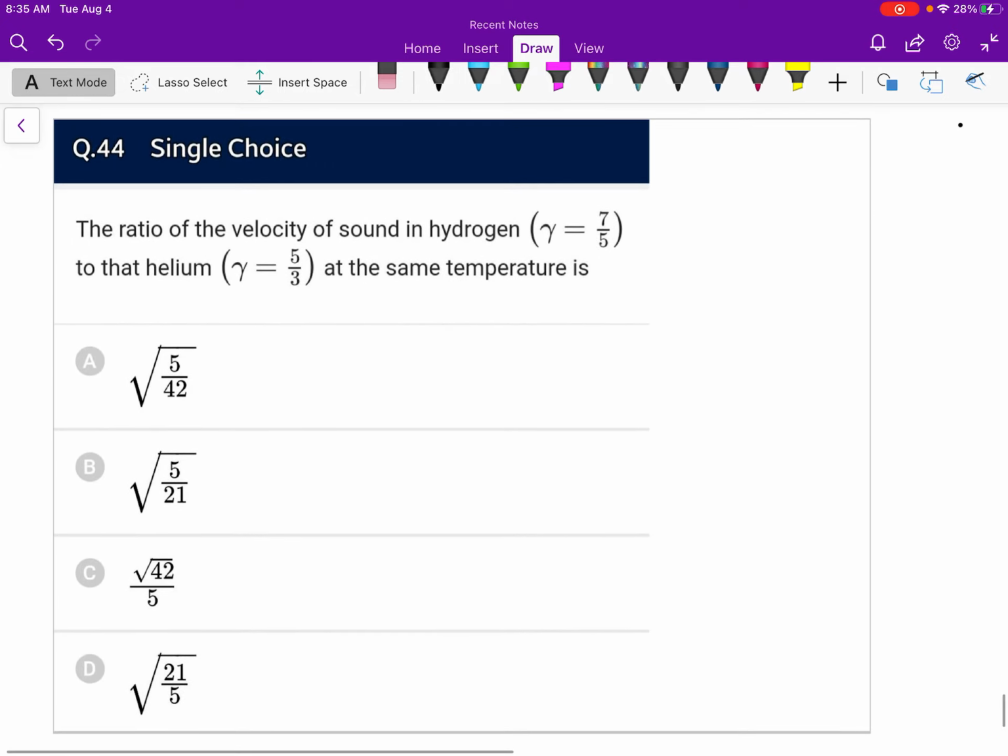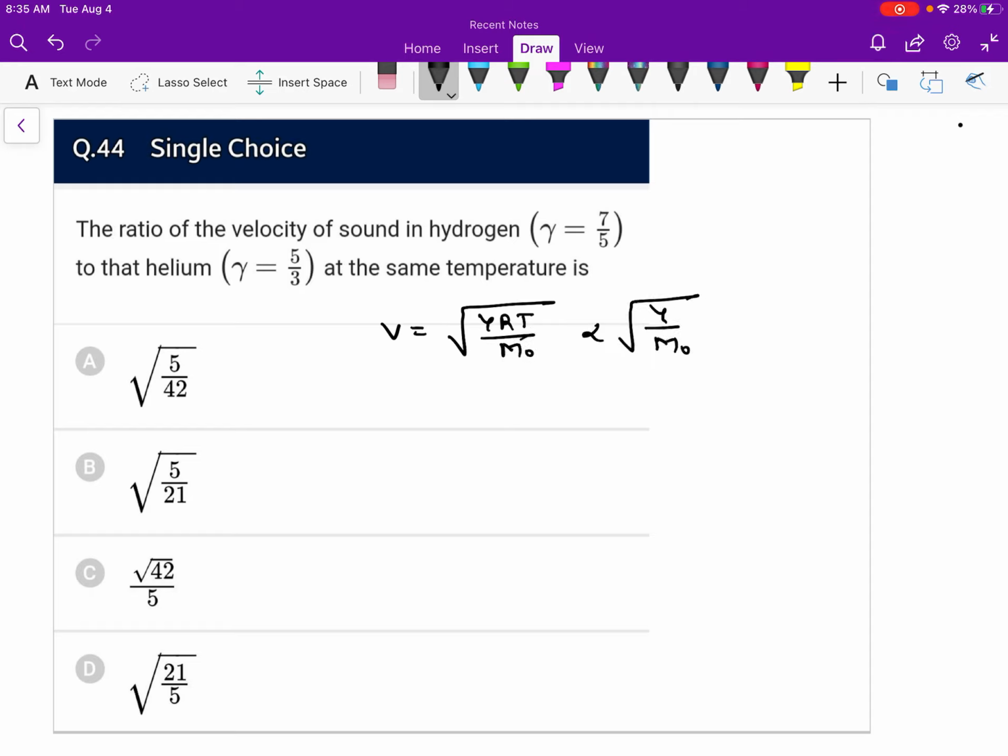The ratio of the velocity of sound in hydrogen to that in helium. So V is under root gamma RT by M naught. So proportional to under root gamma by M naught. So V hydrogen upon V helium, gamma ratio 7 by 5 upon 5 by 3, and molar mass ratio hydrogen 2, helium 4, so 2 by 4.